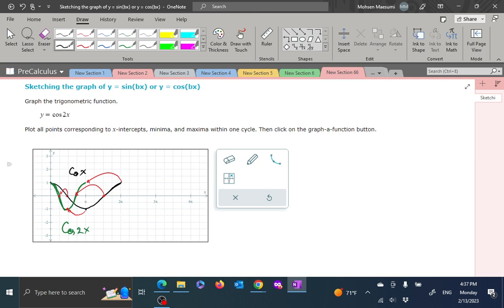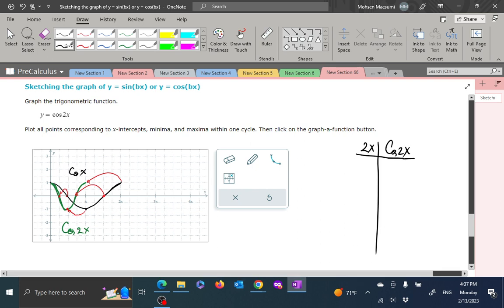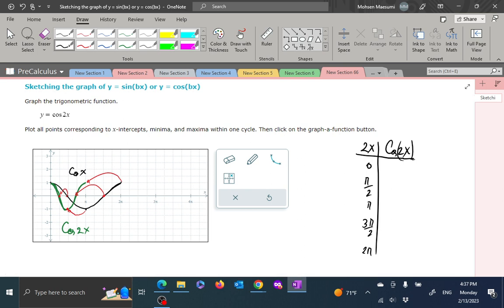Okay, mathematically, how do we do it? Here we say 2x and cosine of 2x. If 2x was 0, pi over 2, pi, 3 pi over 2, or 2 pi, our answer was easy. 1, 0, minus 1, 0, back to 1.